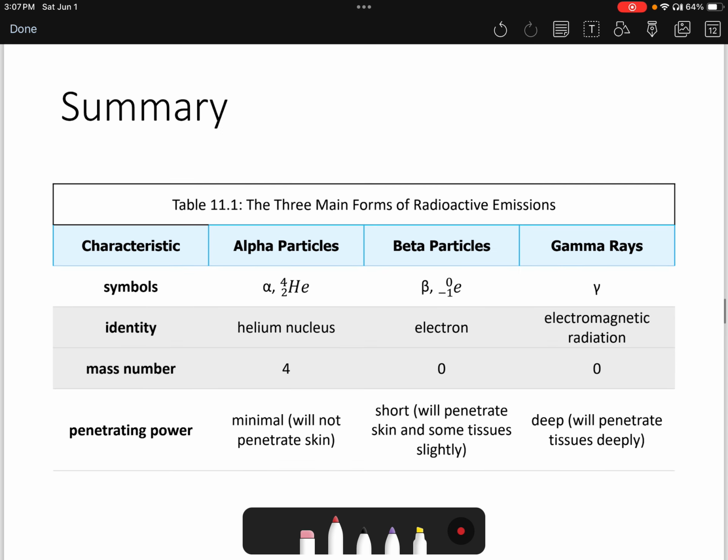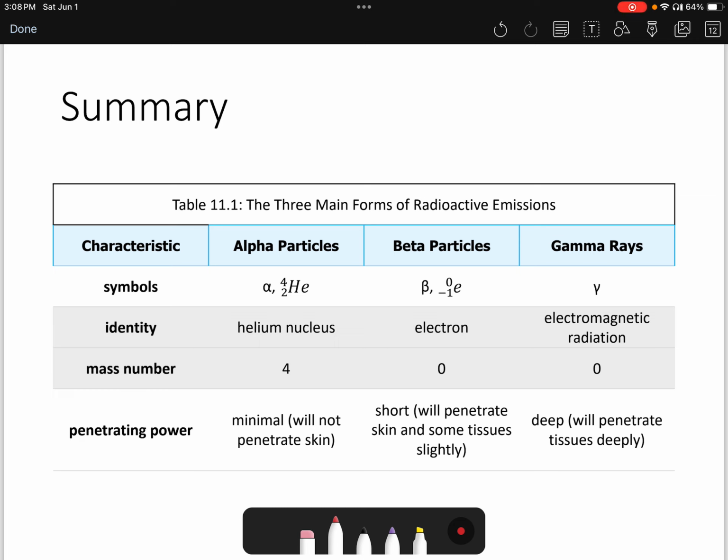So let's just summarize the 3 main forms of radioactive emissions. So again, we have alpha particles. You can use either the symbol alpha or the symbol for helium. And the mass number is 4. And remember, alpha particles are not going to get very far because they are so massive.